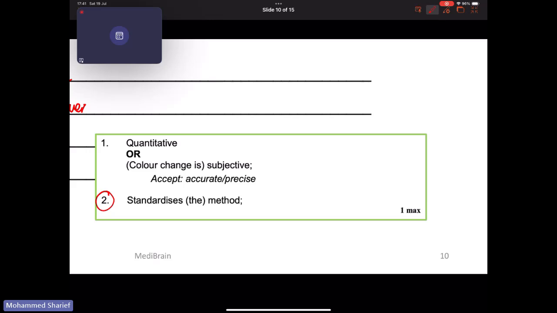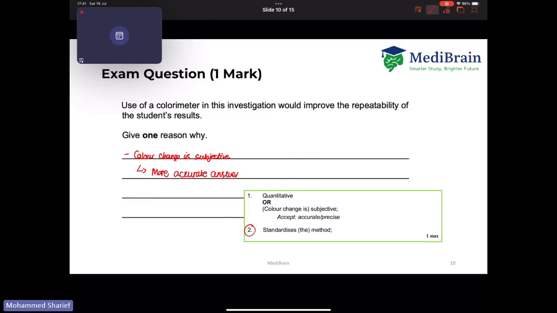If everybody's using a specific piece of equipment, such as a colorimeter, rather than their own judgment, it makes sure that everybody has the same results. They're using the same equipment from start to finish, and there's no human judgment involved in the process. So you could have also put that it standardizes the method. It's only worth 1 mark.